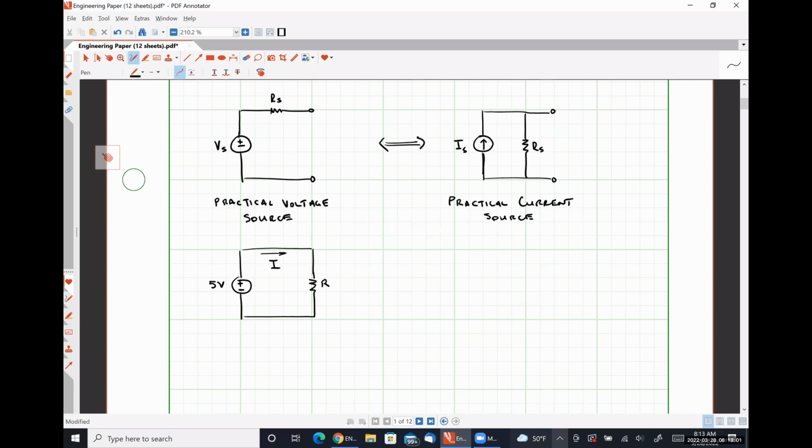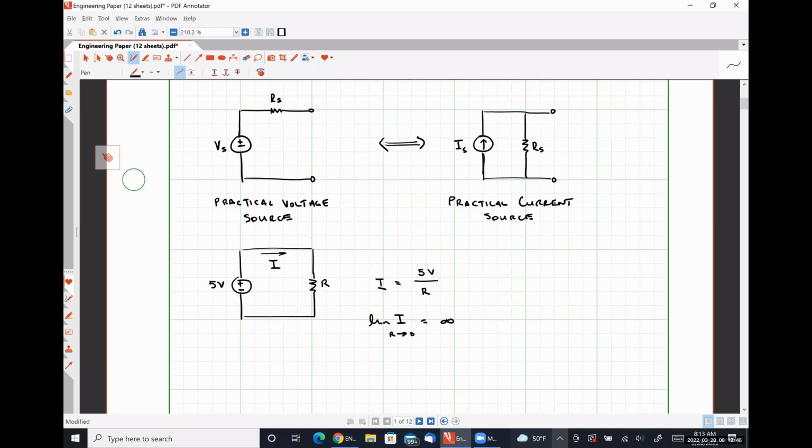We could use Ohm's law to easily say that our current I is simply 5 volts divided by the resistor value. So what if my resistor is a short circuit? The limit of I as R goes to 0 is infinity.